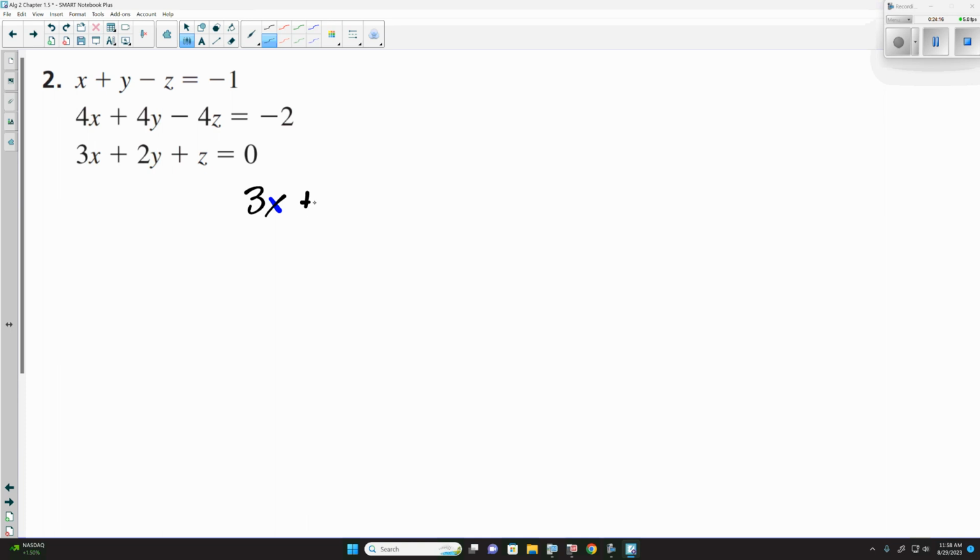So we can say 3x plus 2y plus z is equal to 0, and 4x plus 4y minus 4z is equal to negative 2. Now for the top equation, we need to turn our 1y into 2y, and we can do that by multiplying the equation by 2.